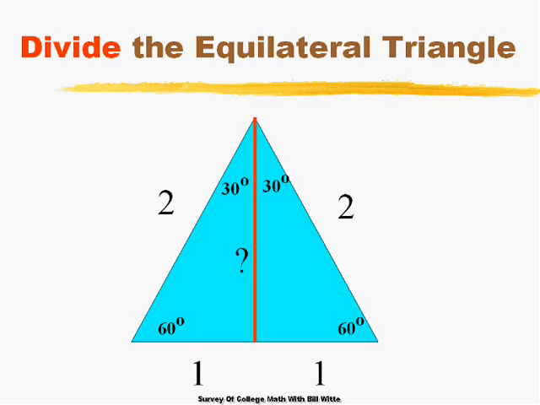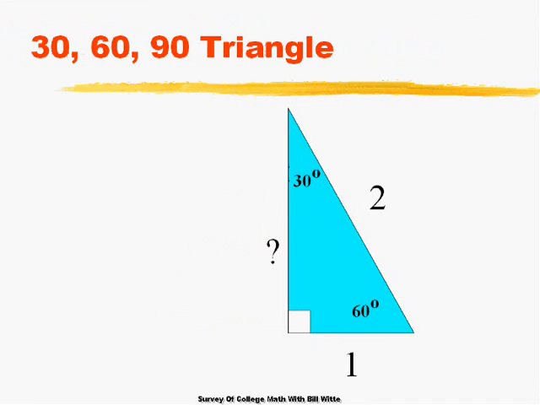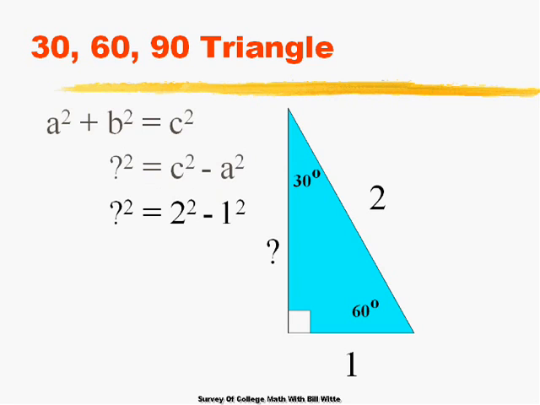Now let's look at the right triangle part of this. Half of that equilateral triangle makes a right triangle, and we can use the Pythagorean theorem. We already did this, didn't we? Remember? You use subtraction. It'll be c squared minus a squared, or 2 squared minus 1 squared, or 4 minus 1.